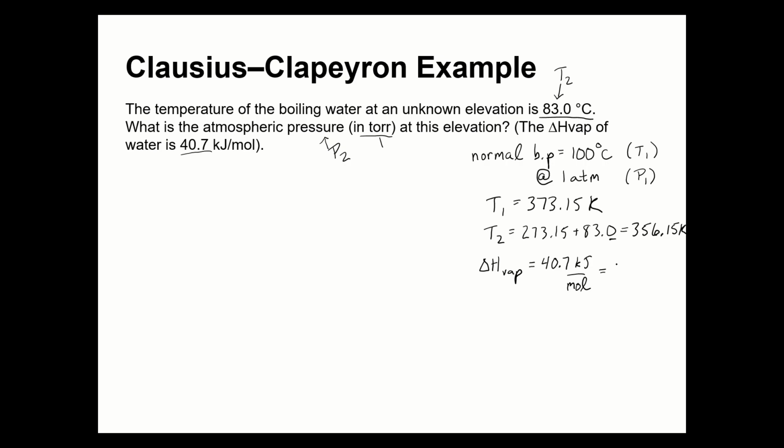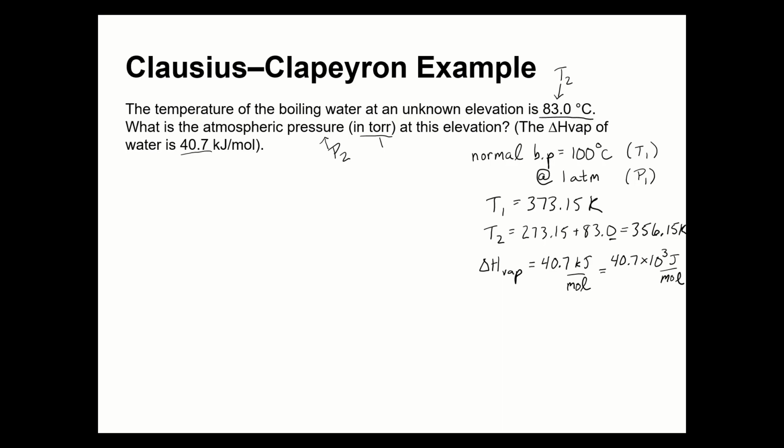Then I can just simply say that that's equal to 40.7 times 10 to the third joules per mole. It's not proper scientific notation, but it works because this is not the answer we're reporting, just the answer that we'll use in the calculator.